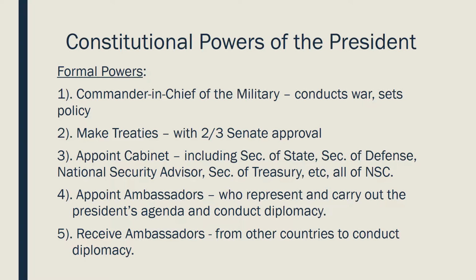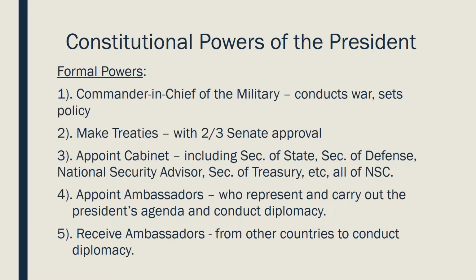The President has the power to appoint their own cabinet, that is, their own advisors regarding foreign policy. The Secretary of State, the Secretary of Defense, the National Security Advisor, the Secretary of the Treasury, all of the National Security Council are key and trusted advisors, or at least in theory are key and trusted advisors of the president.